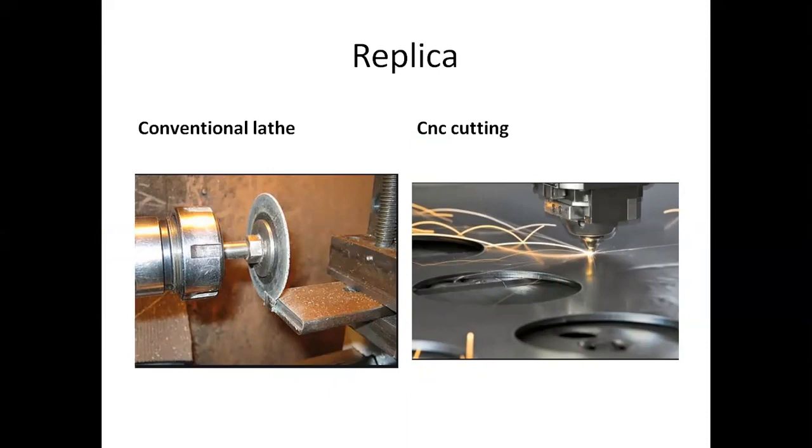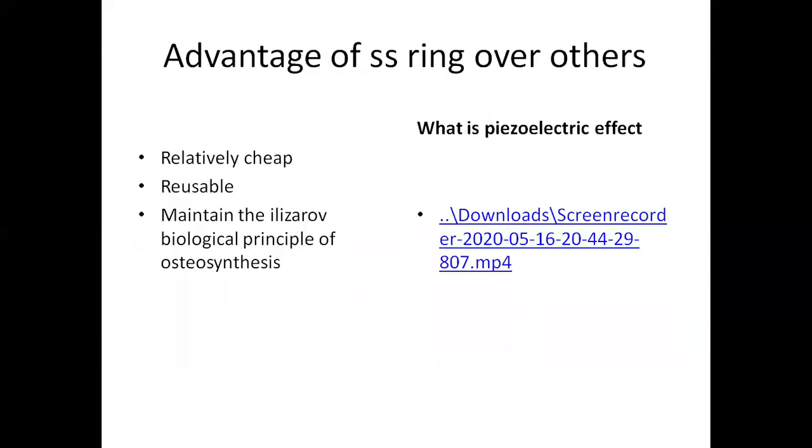My advice is that if we do not do it manually, and advanced techniques like CNC are already available in our country, and we use them in Ilizarov ring manufacturing, then I think the preciseness of the ring and the hole diameter and other things will be better and more principle friendly.